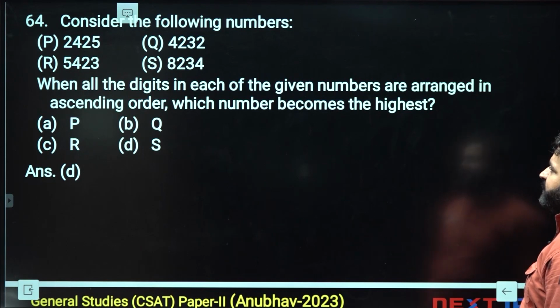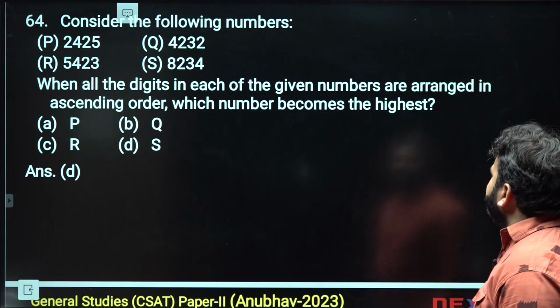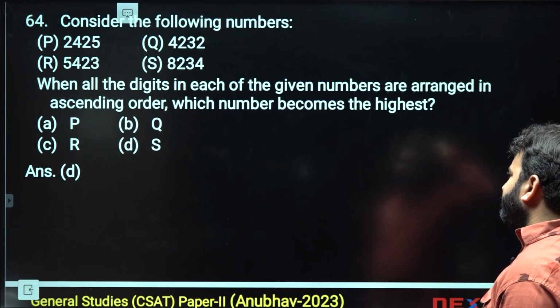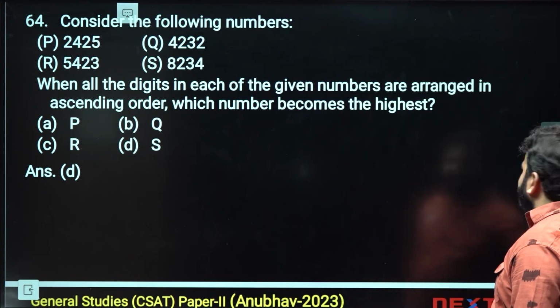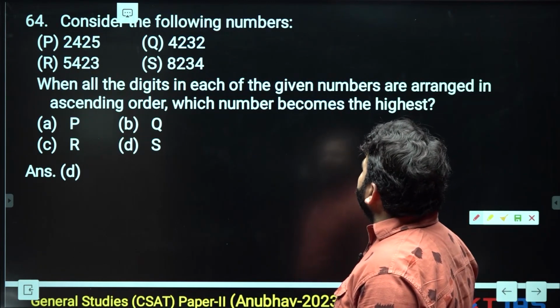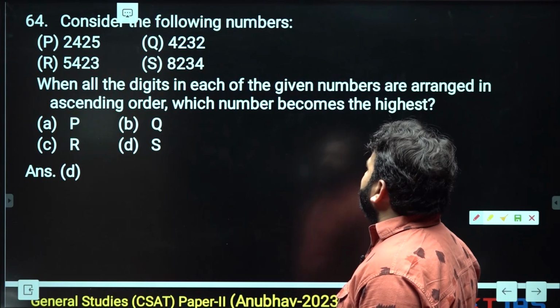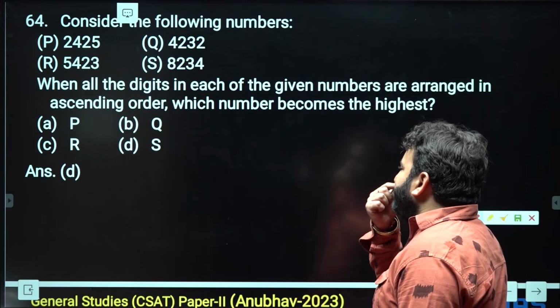Consider the following numbers. Okay, next question. All the digits in each of the given numbers are arranged in ascending order, which number becomes the highest? So देखो, each of the digits are arranged in ascending order.